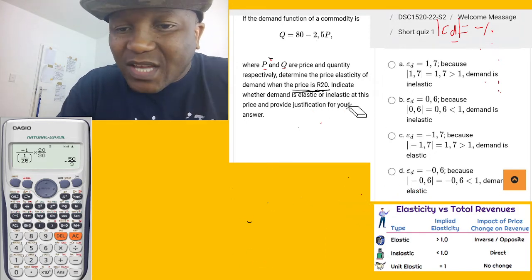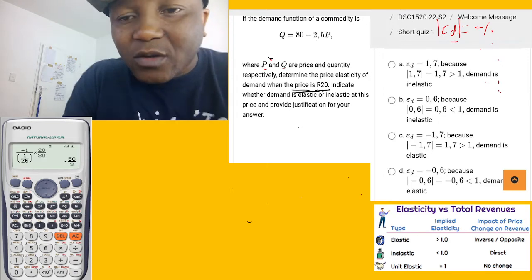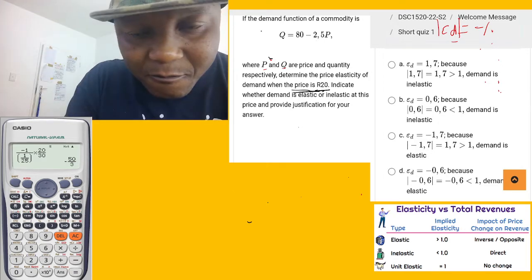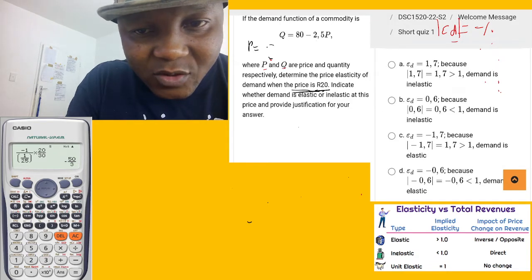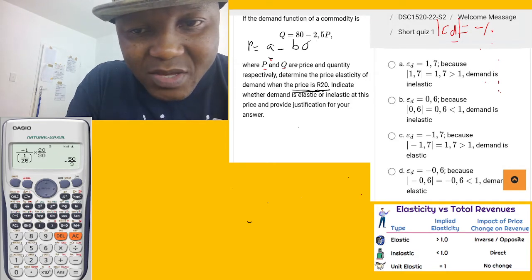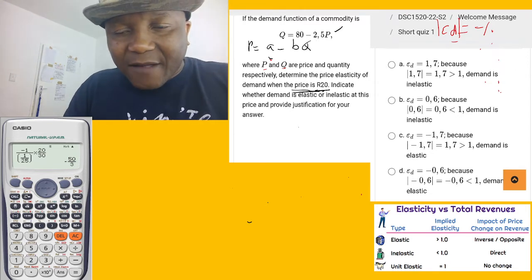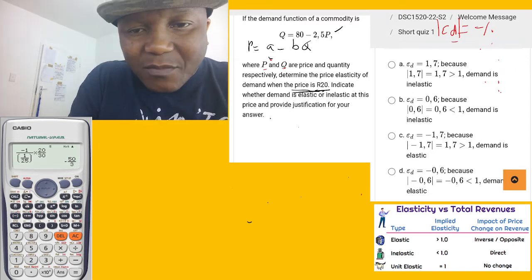So first and foremost, we want to get the value of what? Our formula has to be P equal to A minus BQ. So we have to rearrange this equation. This P is going to come to the left.